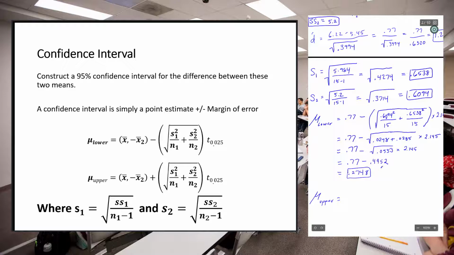Right here, we resolved all of that down to 0.4952. So here we can just say 0.77 plus 0.4952. And so this gives us an upper boundary of 1.27.